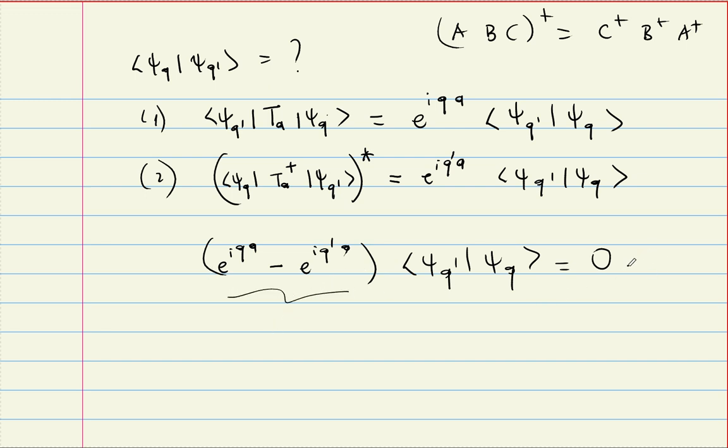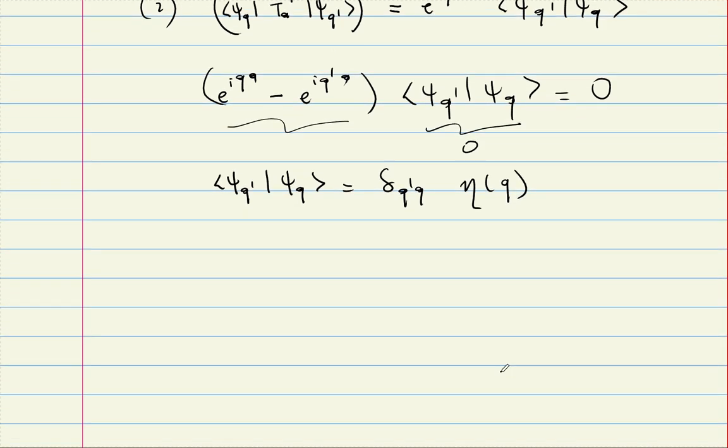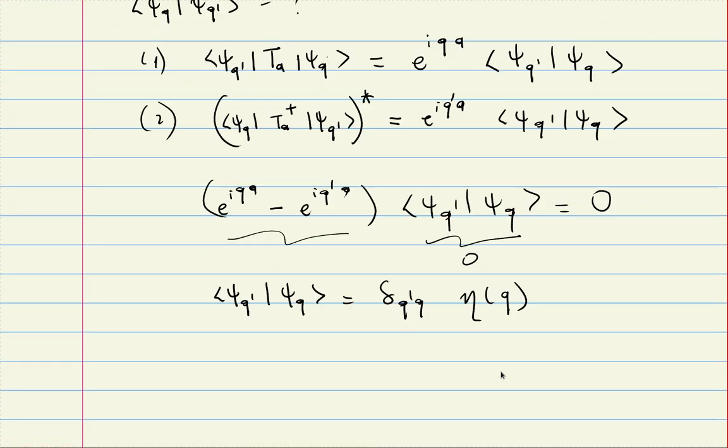Then for this entire equation to be 0, this has to be 0. Then even though they are not normalized, they are orthogonal. That's why we write it in this form. Psi q prime psi q is delta q prime q, but if they are equal, it's going to give this eta function. Okay, this is step number 1.